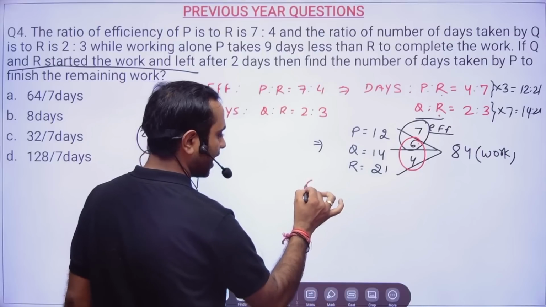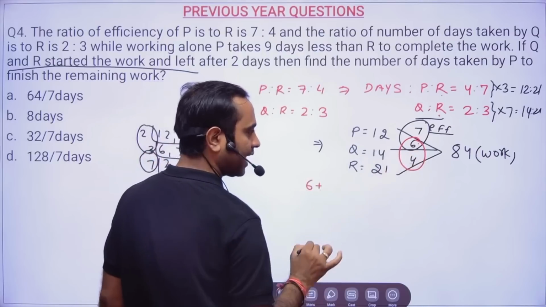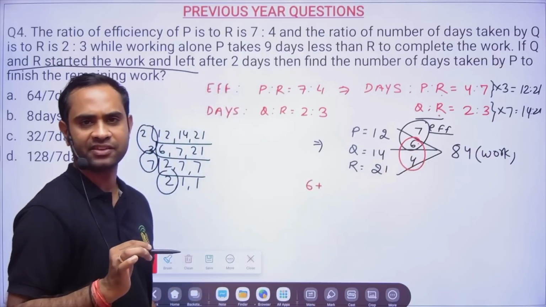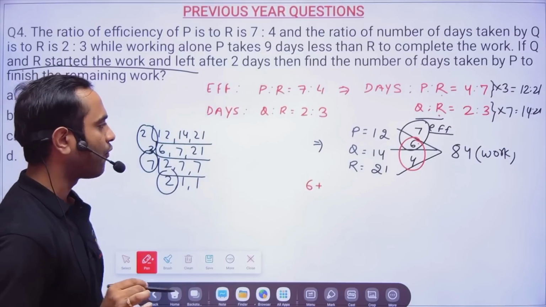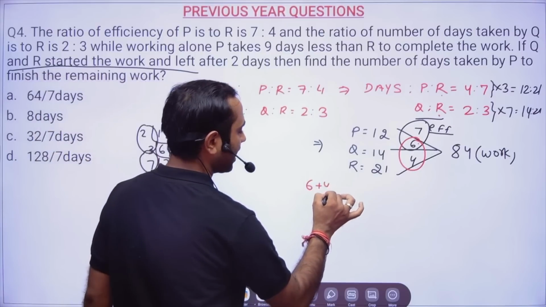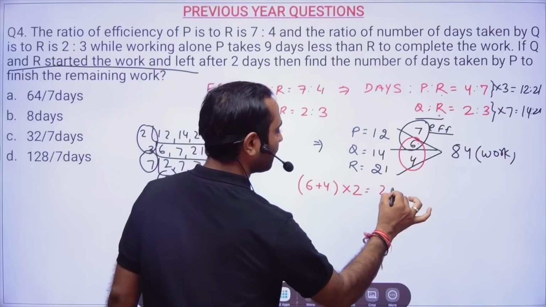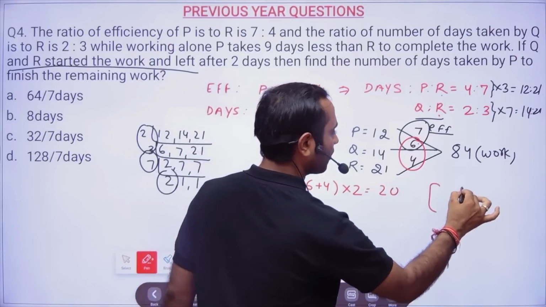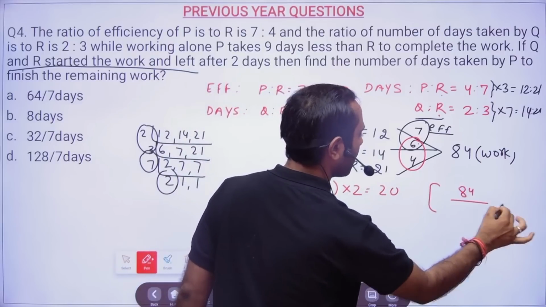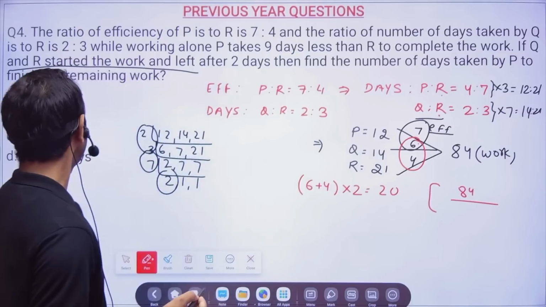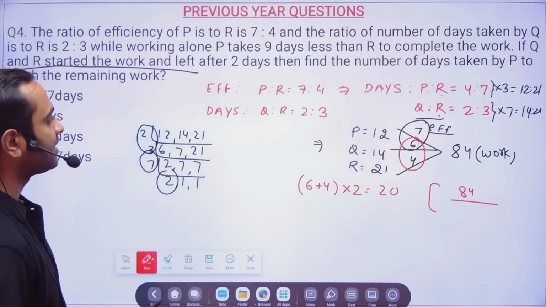That means Q can complete 6 work in a day. See, the meaning of efficiency is what? Q can do 6 work in a day and R can do 4 work in a day. They worked for 2 days. So 20 work they finished out of 84. Okay. Now, who is going to complete this work?